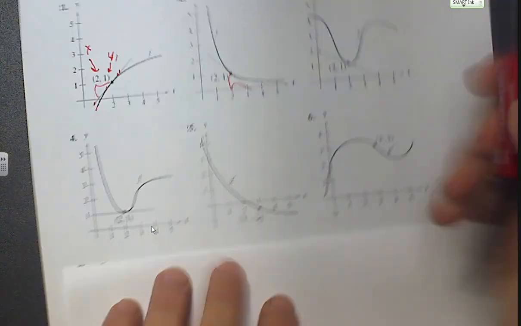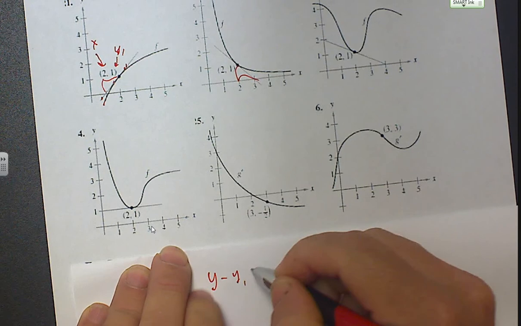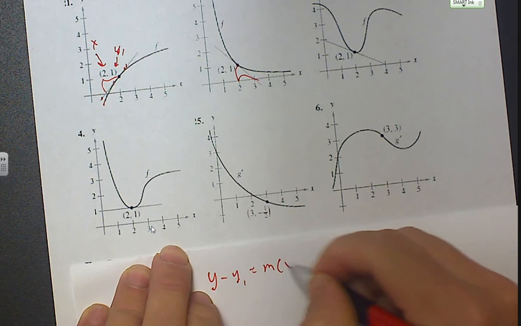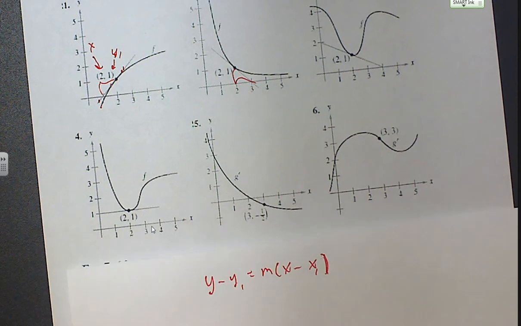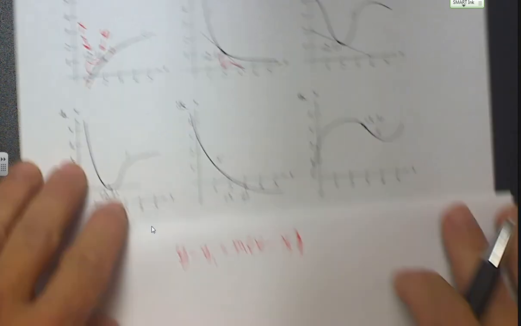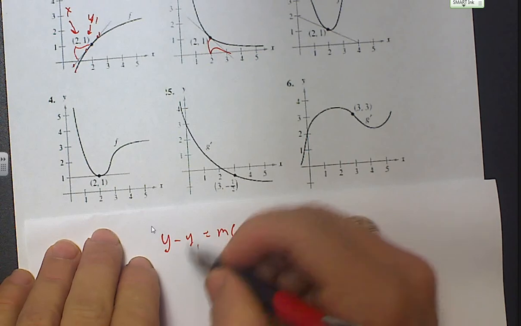So thinking about this equation, that's the equation you're trying to fill out. What pieces do you know? You know y1 and x1. What are y1 and x1? x is 3 and y is 8.